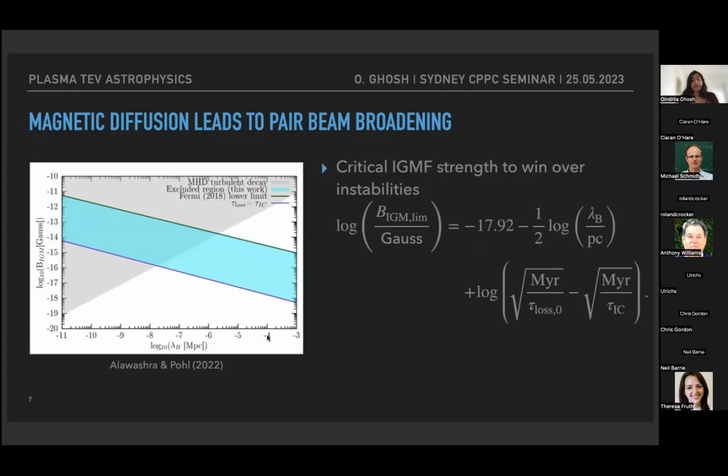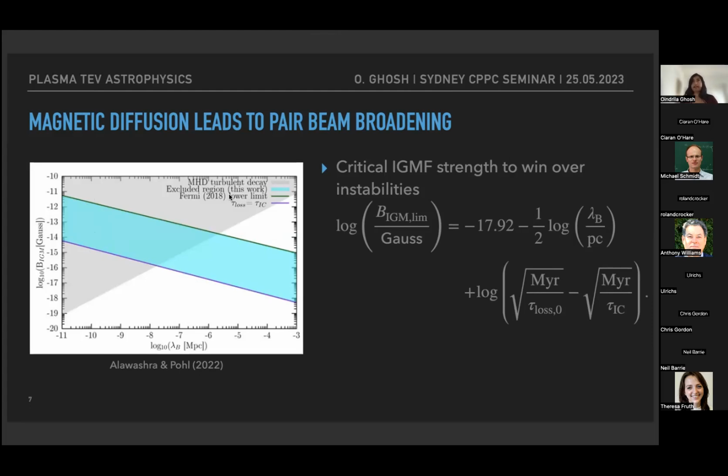Now, a year ago, this paper by Alawashra and Pohl explored a Gaussian beam of this form, and they showed that the critical intergalactic magnetic field strength to win over the instabilities could be given by this purple line, which is obtained by setting the instability loss timescale to the inverse-Compton timescale.